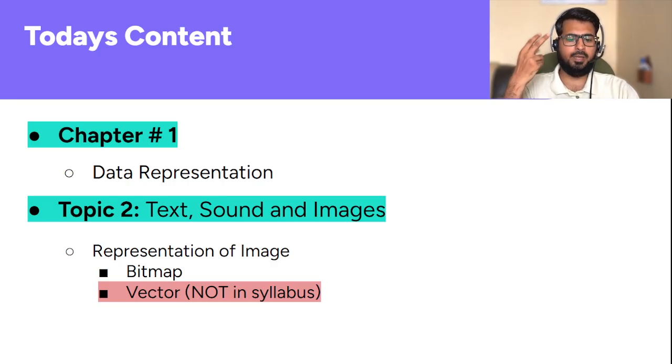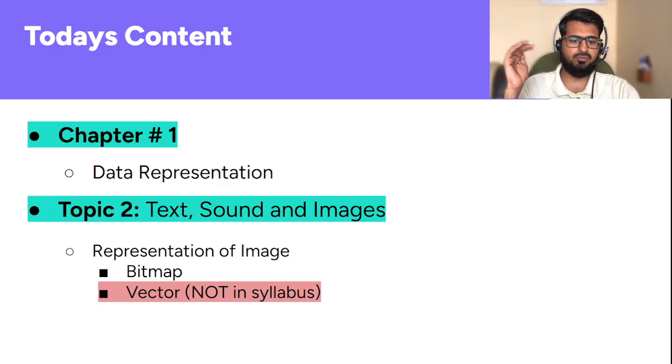So there are two types of images. The first one is bitmap images, which we use generally in our WhatsApp, Facebook, Instagram, TikTok, etc. And the second kind of images we use in tools such as Adobe Illustrator, CorelDRAW, Photoshop, etc. Vector images use geometric shapes and calculations when we are drawing things, and they are stored in Adobe files and SVG files.